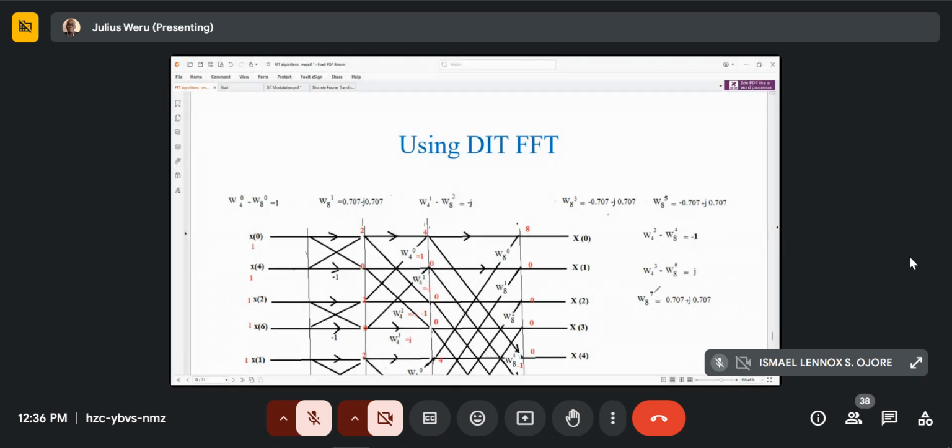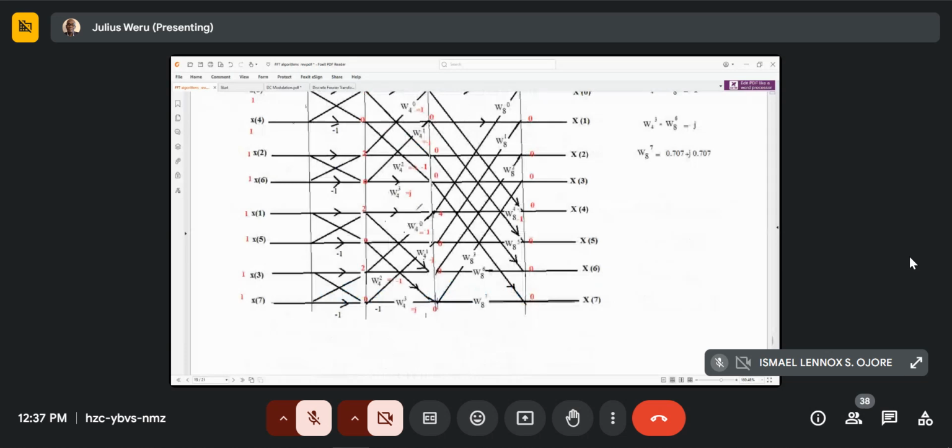But of course, in some cases, you'll be multiplying. For example, like here, you see. In our case, Wn, we are not using this. Luckily we are not using this actually, so I don't think it will even matter much. You'll just be using j's, because you're not using W8 to the 7 anywhere.